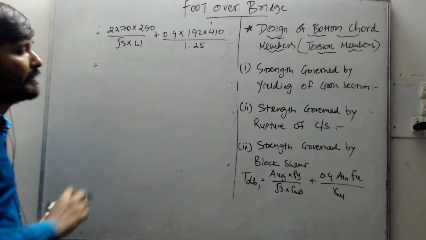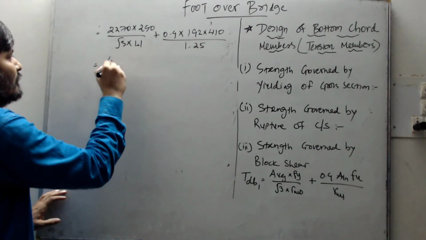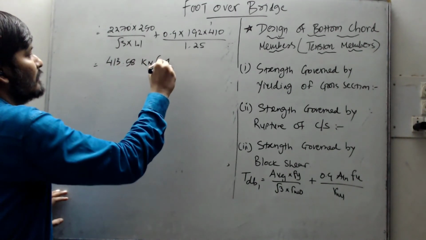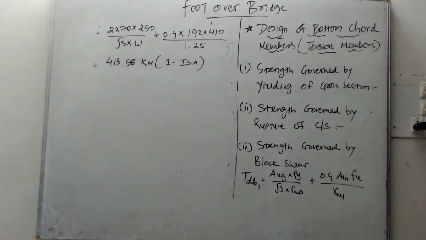So if you calculate, you will get your TdB1 value as 413.58 kilonewton, and this is for 1 ISA. Remember, this is for 1 ISA.